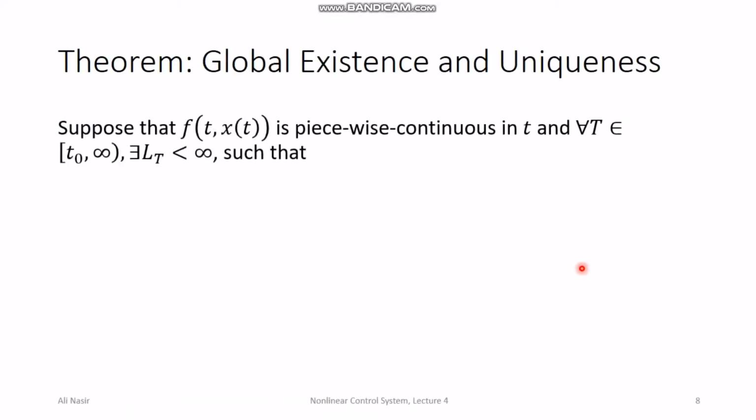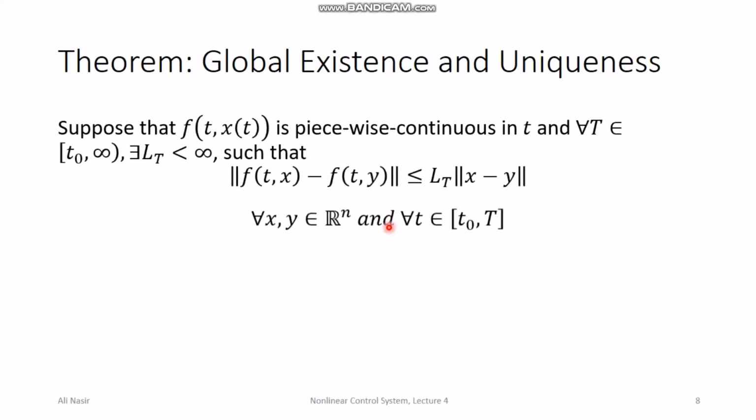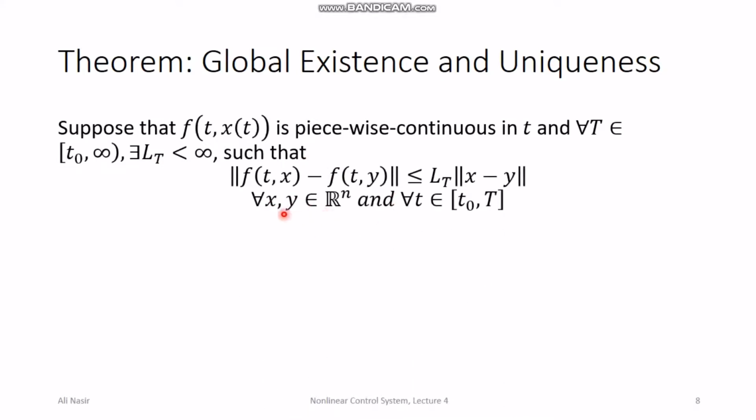Global existence and uniqueness is different in two ways. First of all, f is supposed to be piecewise continuous for all t from t naught to infinity. Secondly, it is supposed to be Lipschitz continuous not just in a neighborhood of x naught, but for all x and y in R^n.